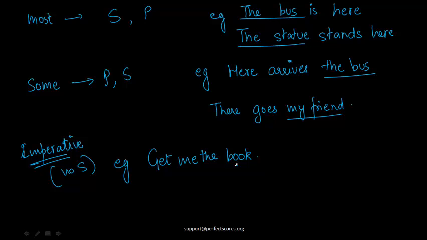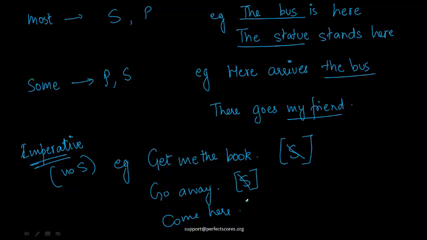You can just say, get me the book. The subject is not present in this case. Or when I say, go away, or come here. In both these cases, you do not need a subject because these are imperative sentences. The ones that talk about orders, requests, commands.